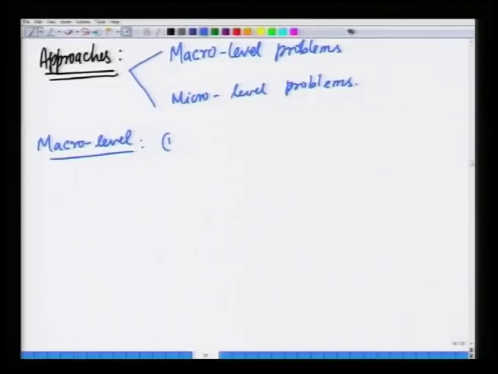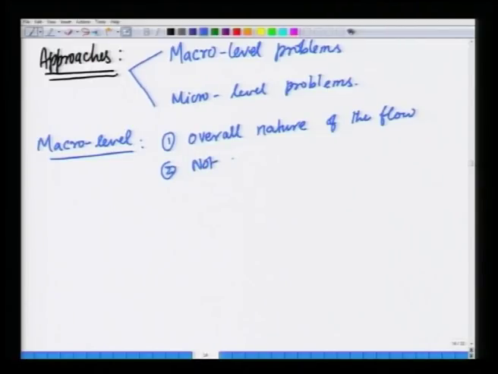So, let me write down: interest is only in the overall nature of the flow and not particularly interested in the details, in the detailed nature of the flow inside the equipment.